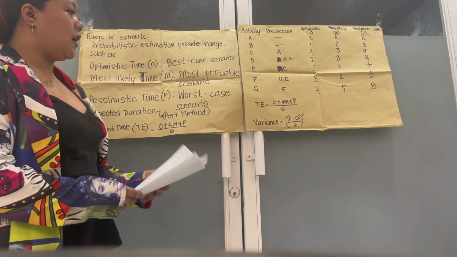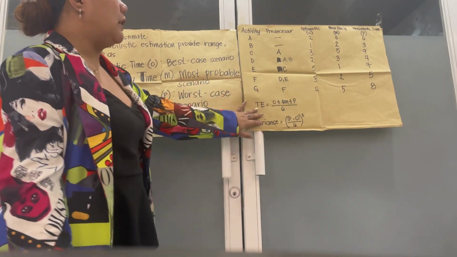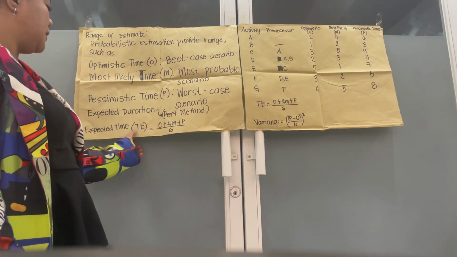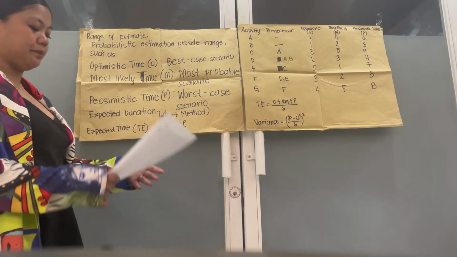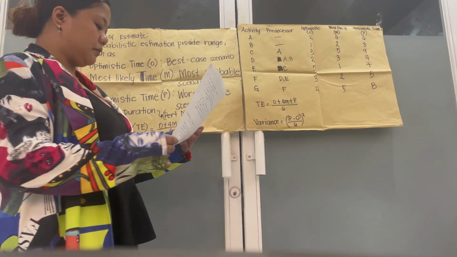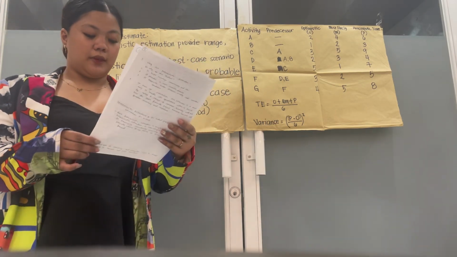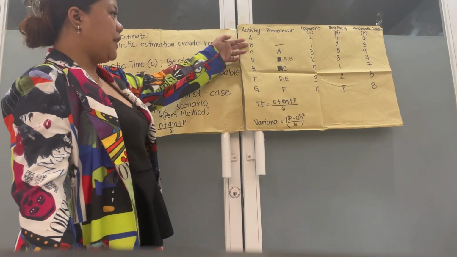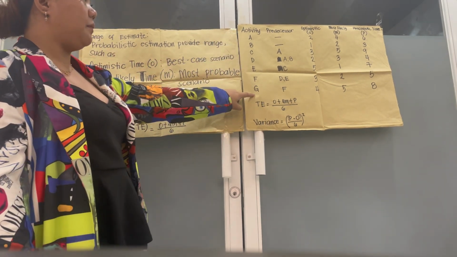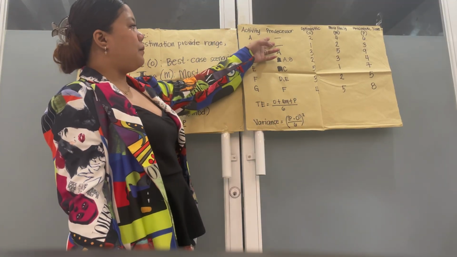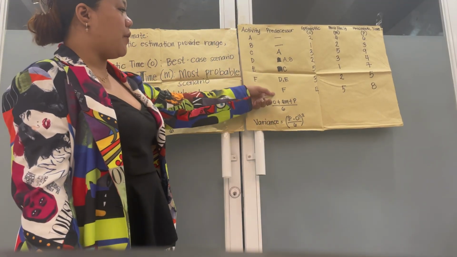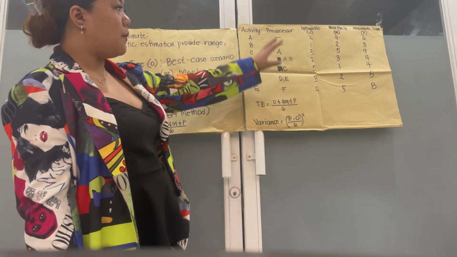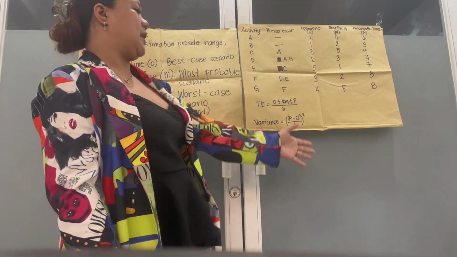So we have here an example on how to compute the PERT or the expected time. We have activities A, B, C up to G, with predecessors, and optimistic, most likely, and pessimistic times.